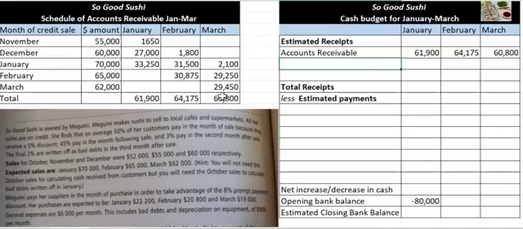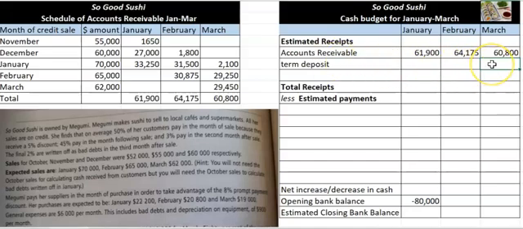So then we're looking for any other money coming in. Now you won't see it on here, it's a bit further down on page 222, but it tells us that they're going to cash in a term deposit. In the month of March, just reading it says, So Good Sushi has a term deposit of 10,000 that's due to mature in March.